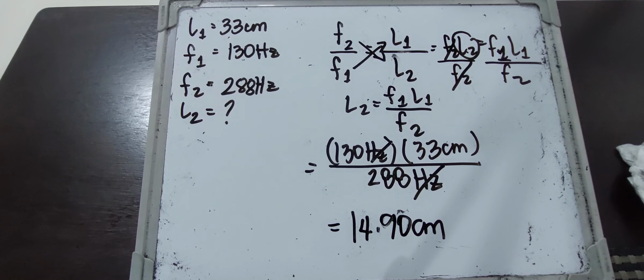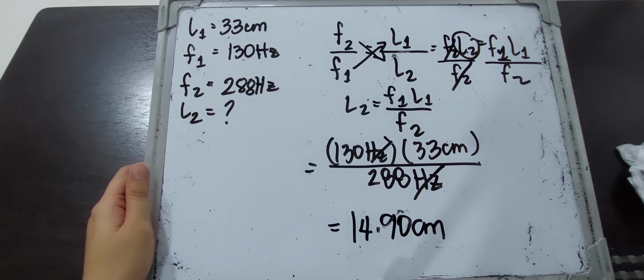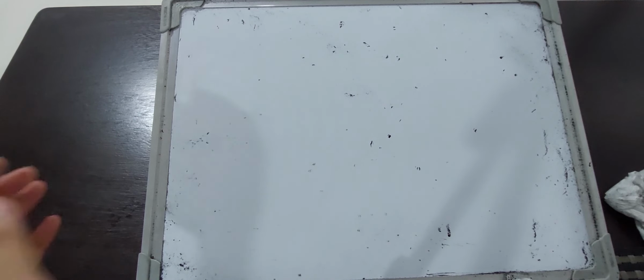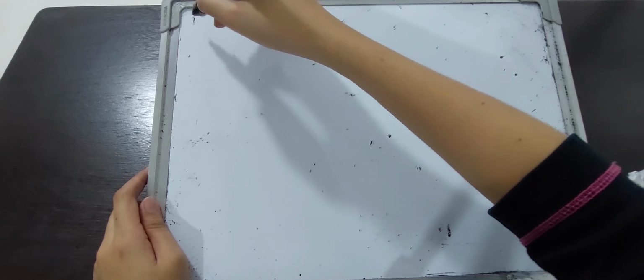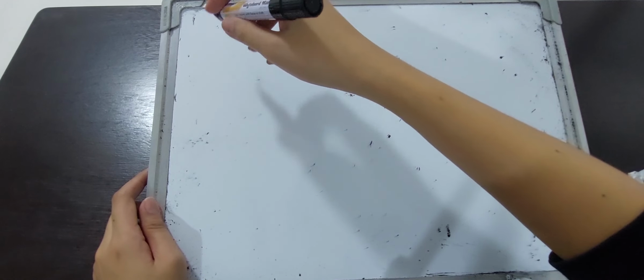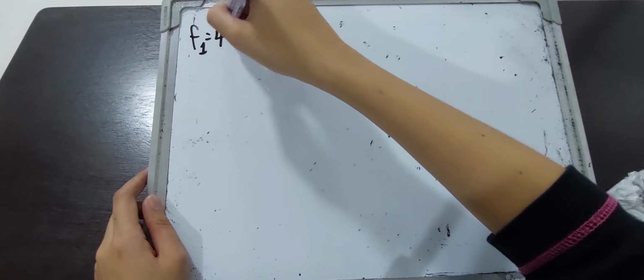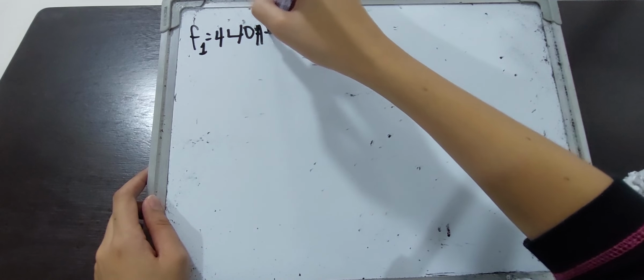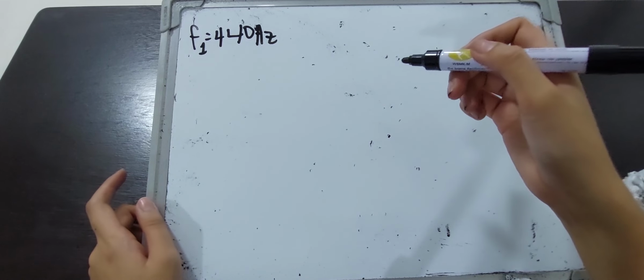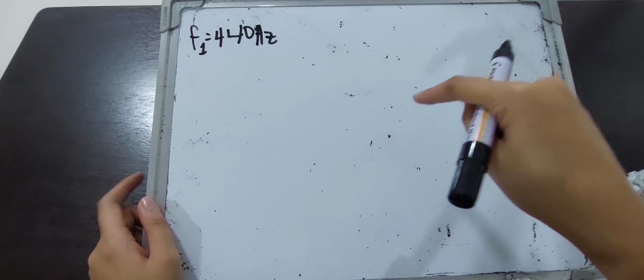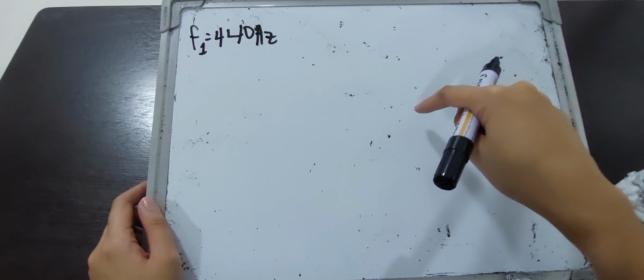Let me just erase this. Okay, so from the problem, a piano string with a pitch of A, the pitch of the note A is 440 Hz, is under a tension, or is being pressed. When we press it, we release tension or force.